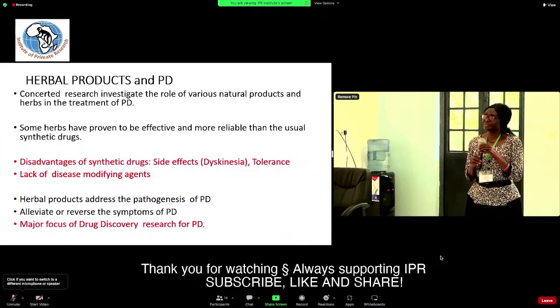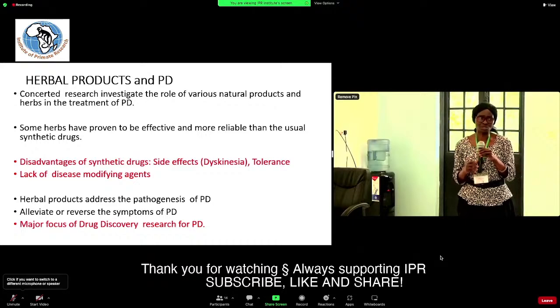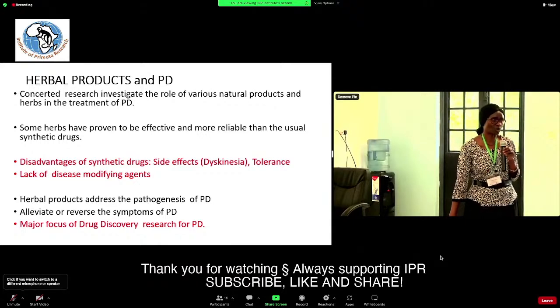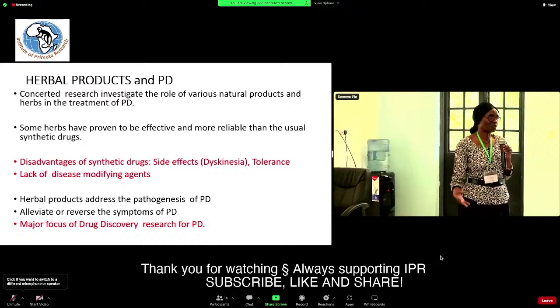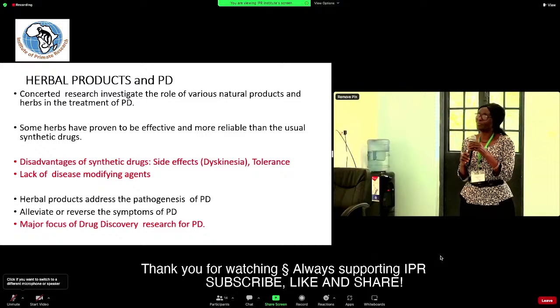Next. So I'm going to look at the place of natural products, that is pharmacognosy, the science of how we harness natural products to use them in therapy. So I'm going to look at the use of herbal products in Parkinson's disease.